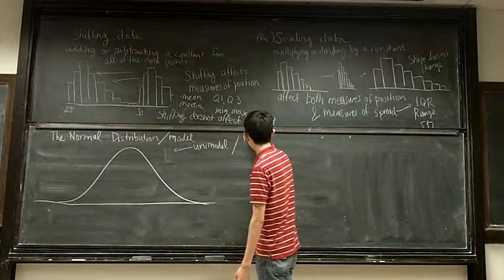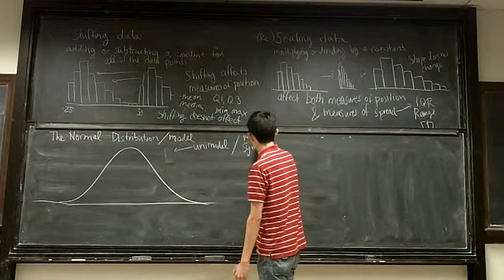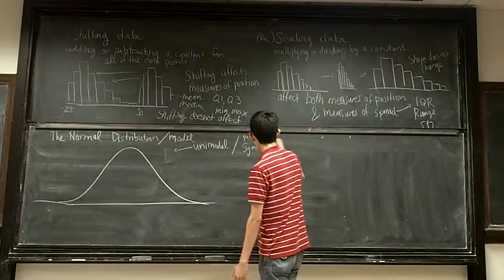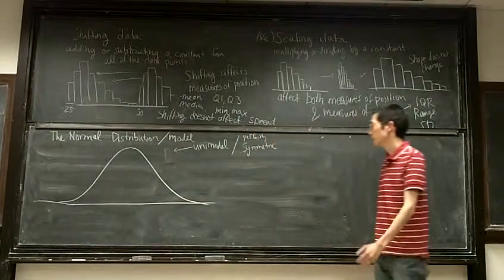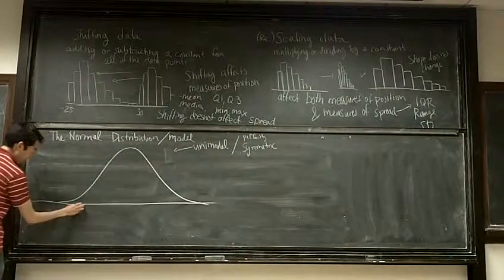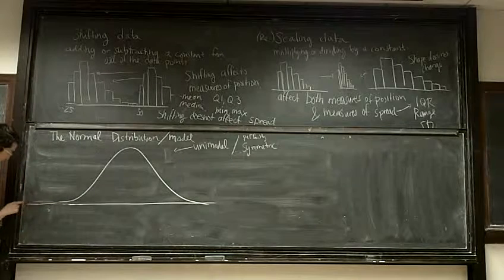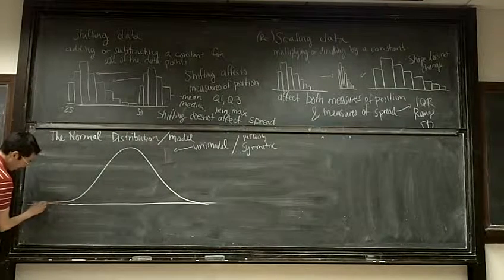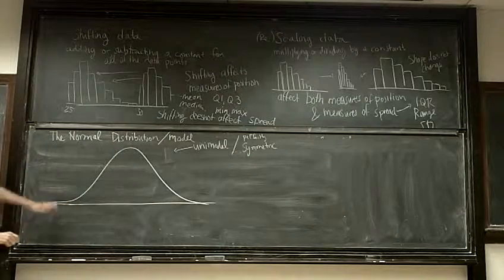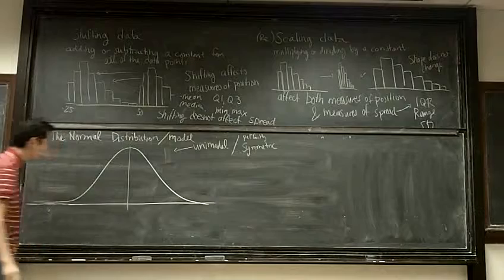Okay. Unimodal and symmetric. This down here is supposed to be a perfectly straight line. I'm working on trying to draw straight lines here.